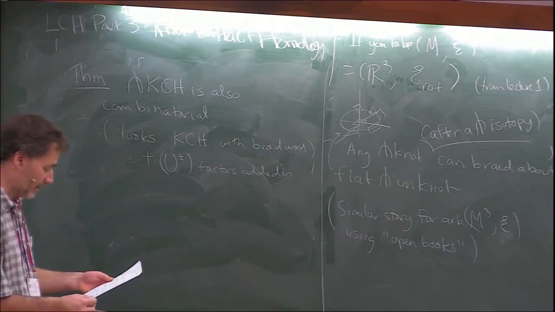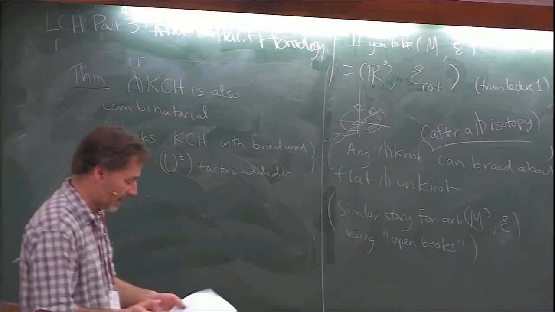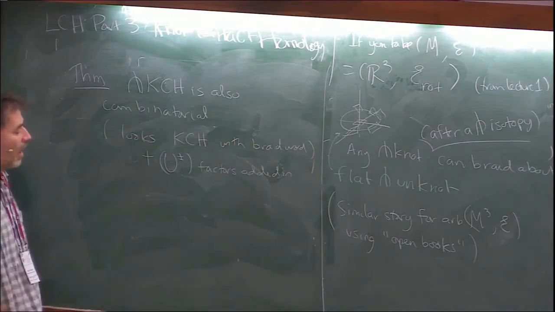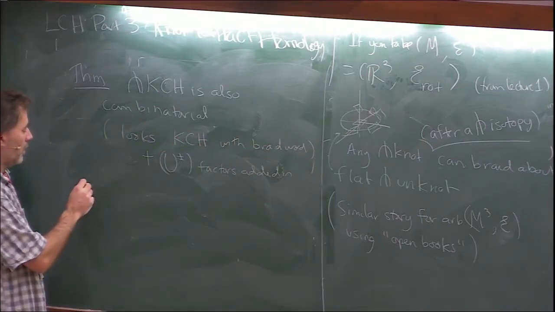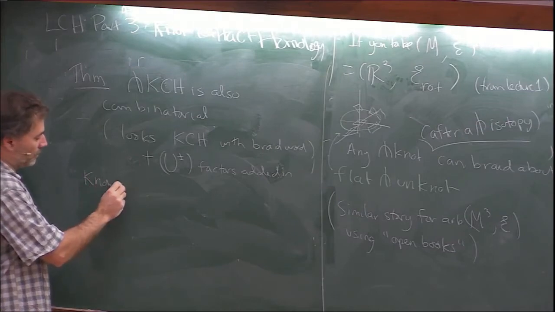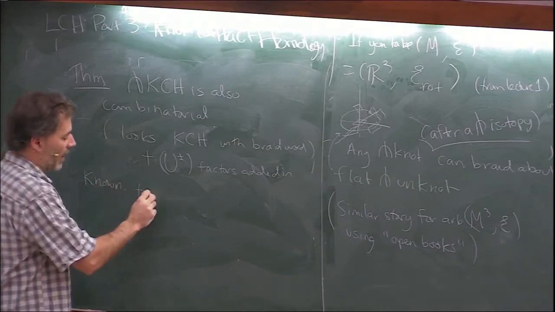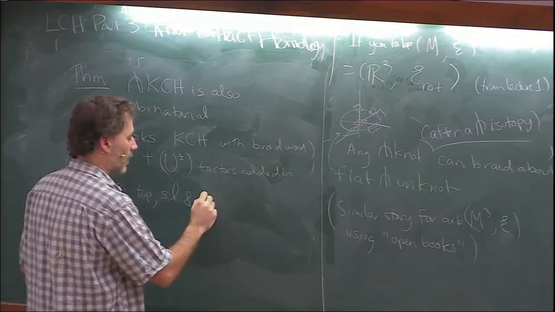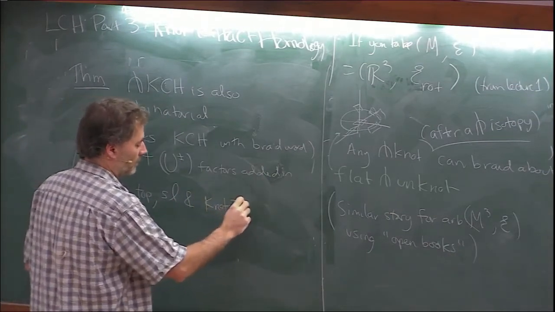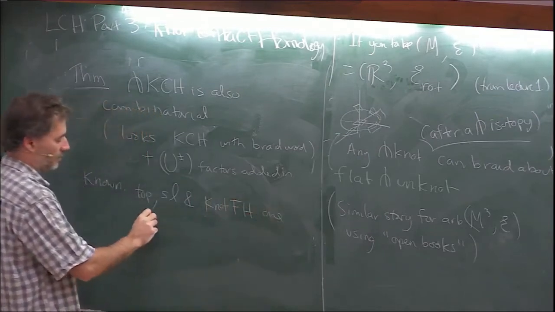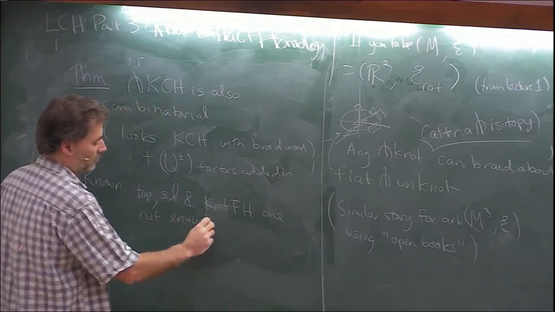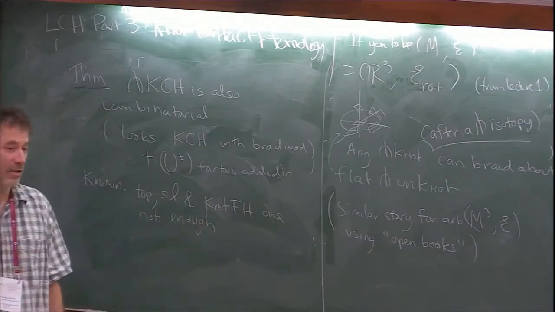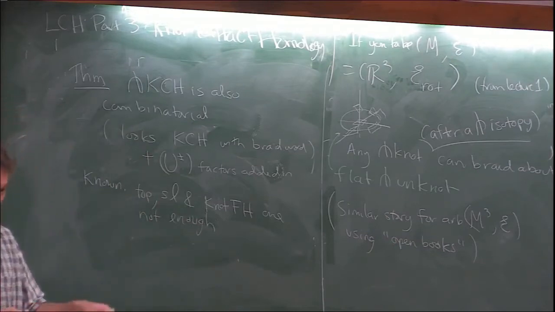and I don't have this written anywhere, but I will mention that it's known that the topological type, the self-linking number, and this knot Floer homology invariant are not enough. There are examples where these are all the same, but the transverse knot homology can still distinguish.